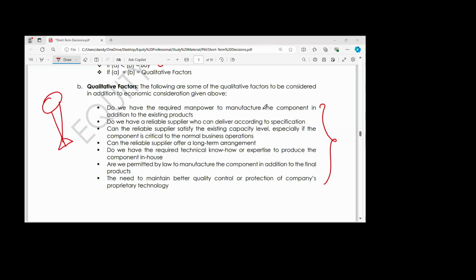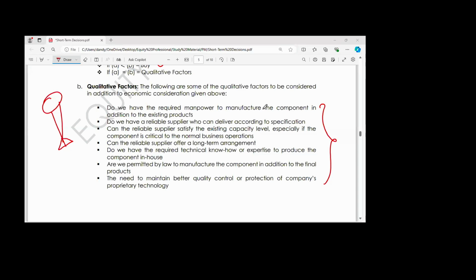Sorry, your line was breaking, can you take it again?